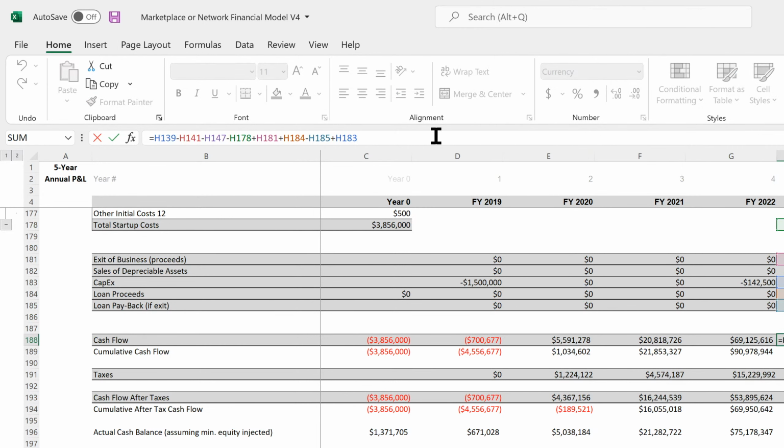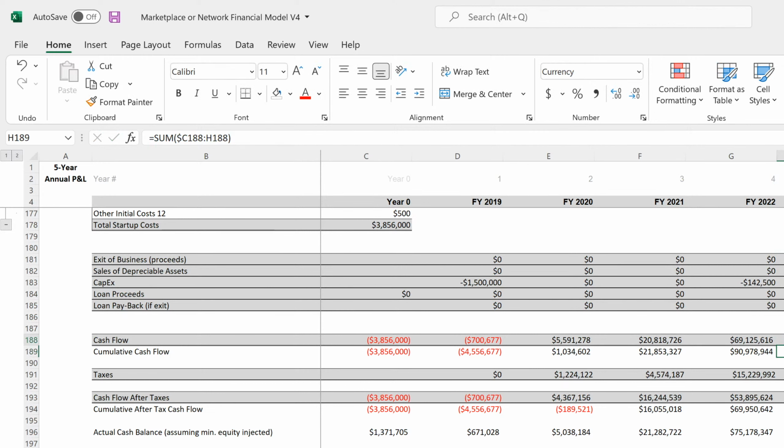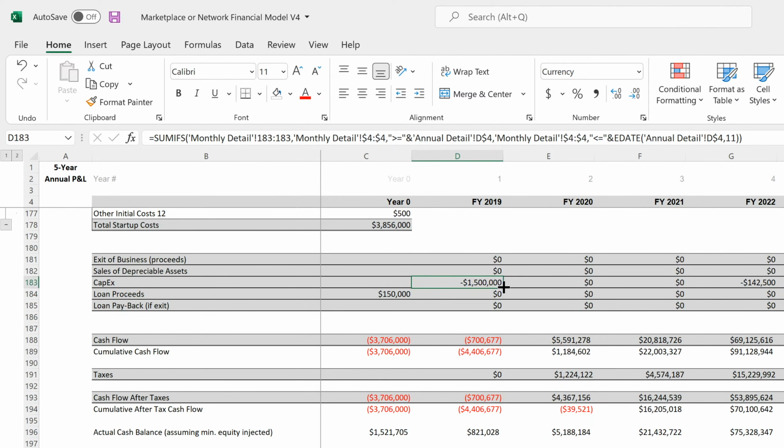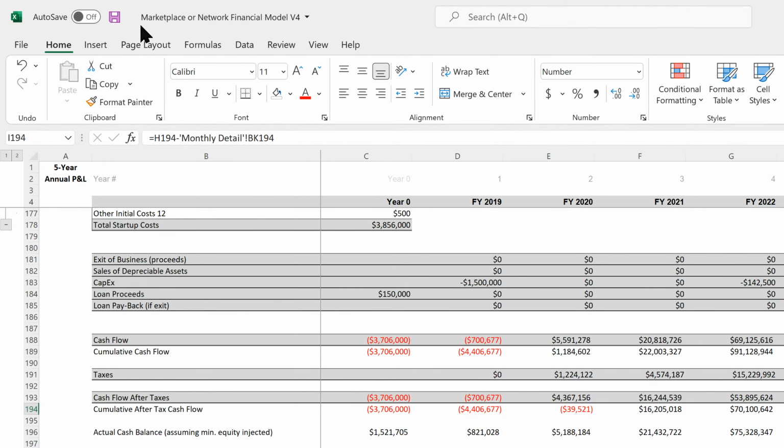It looks like sale of depreciable assets, we didn't get in there. And then loan proceeds, which should just equal either this number, or if it's during the month, it would be a sum ifs. Okay, now that's balanced, so good. This is why we do our checks.